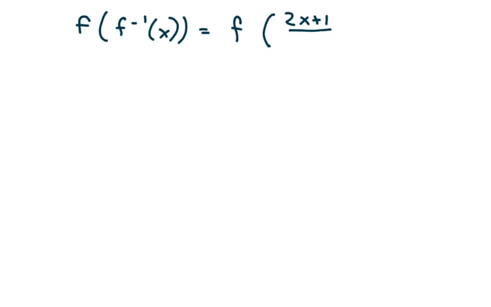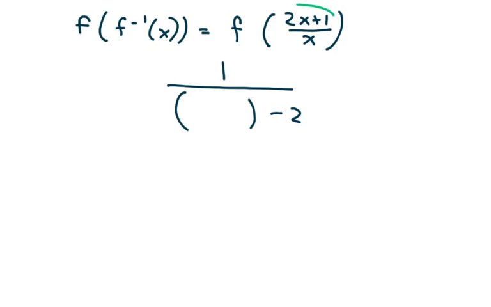So we're going to verify this with f of f inverse of x. So we get f of 2x plus 1 over x. This is our inverse we're inputting. So I'm going to write f down, which is 1 over x minus 2.